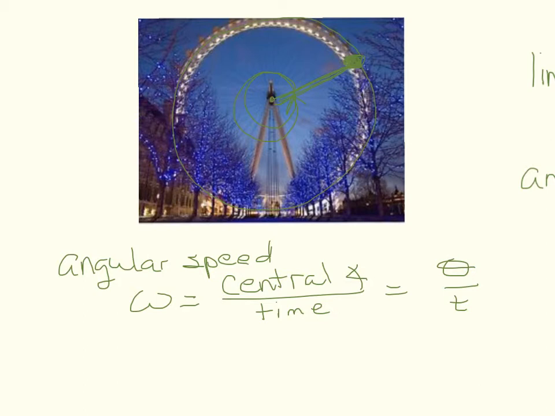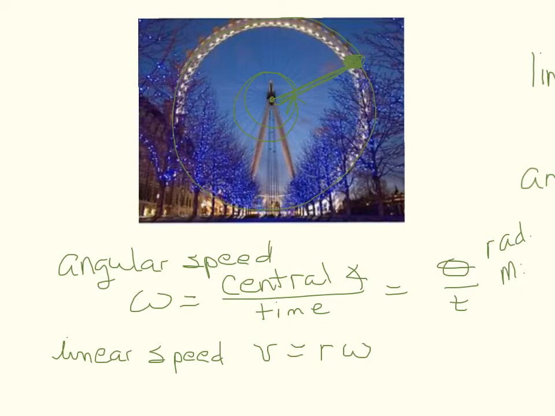All right, so angular speed is our central angle over time. It always has to be in radian measure. Now to find linear speed, they use a funny looking V, and that is equal to the radius times the angular speed.